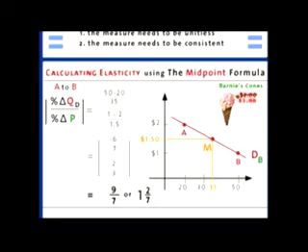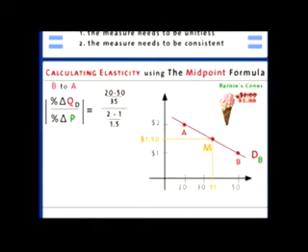Now, you calculate the elasticity going in the other direction. Go from point B back to point A, again using the midpoint for the bases for your percentages. In this case, the original quantity will be 50 and the new quantity will be 20.